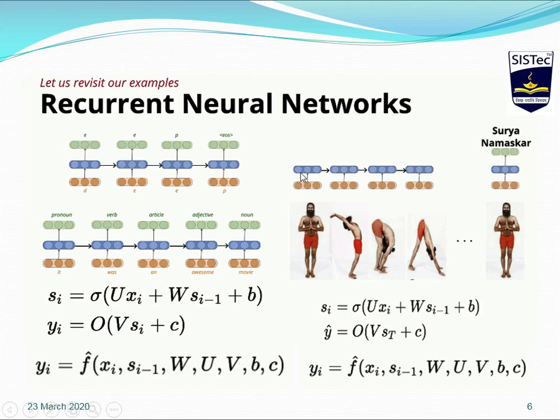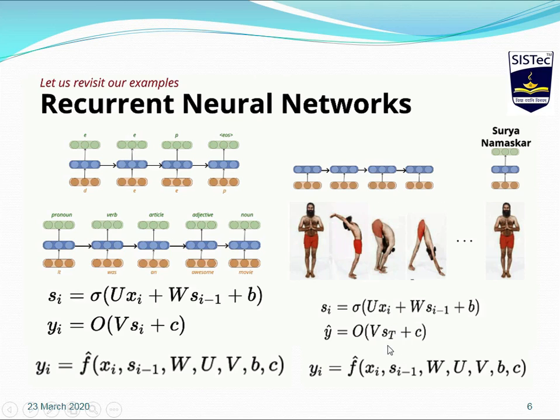So suppose here we have stage 1, stage 2, stage 3. The output of stage S1 is given to S2, the output of S2 is given to S3, and so on.